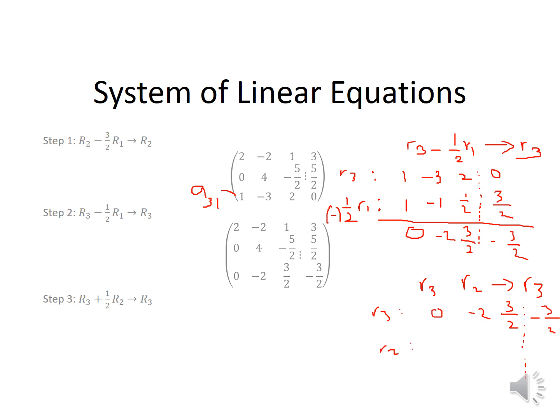The R2 value is, okay, for this column is 4. But here is negative 2. How to produce 0? It's positive 2. Then 4, how to convert the 4 to 2? We divide by 2.